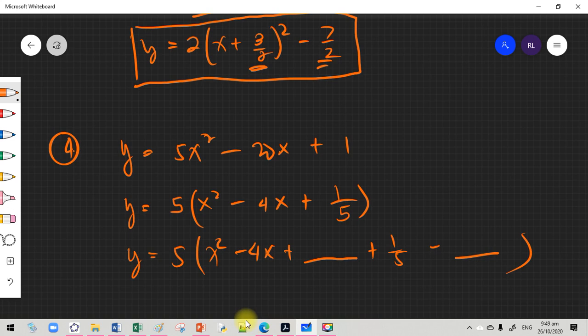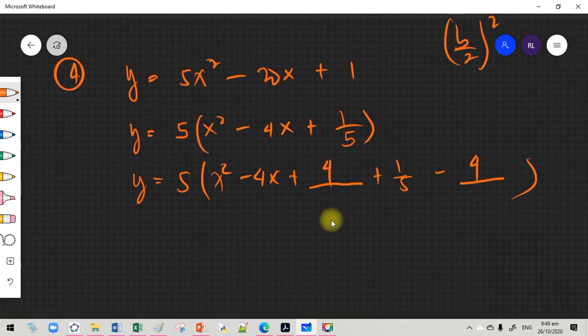So our b is 4. If we divide that by 2, remember (b/2) squared, 4 divided by 2 is 2, squared is 4, then subtract 4.